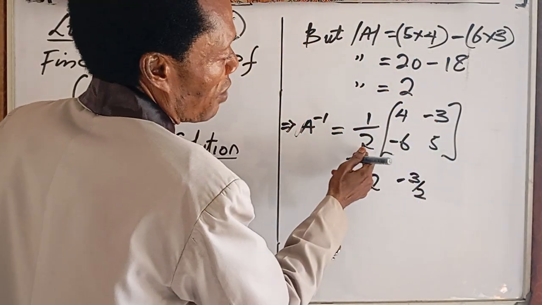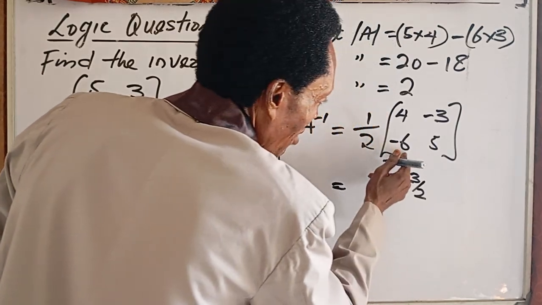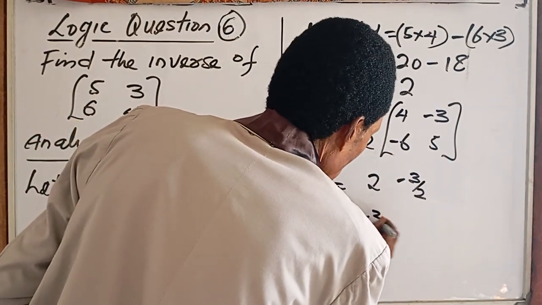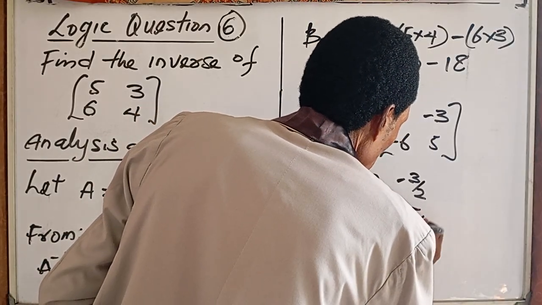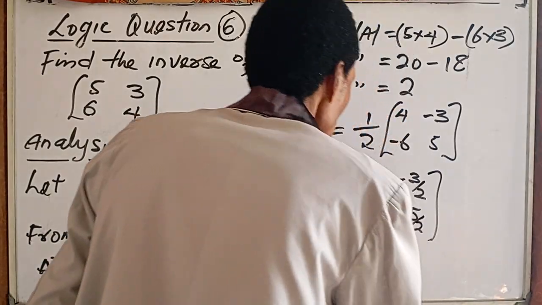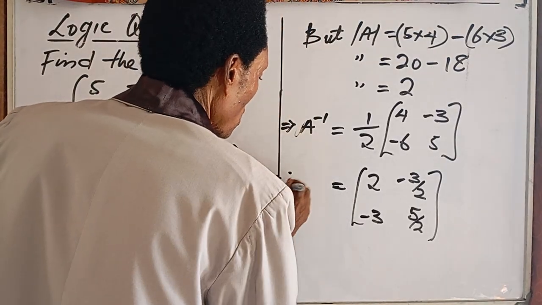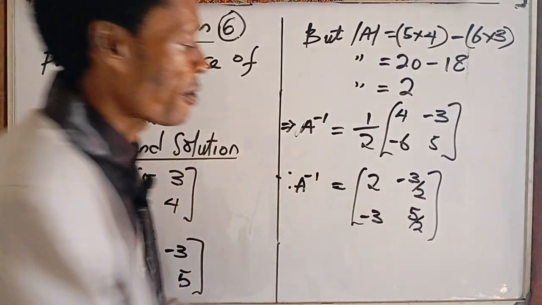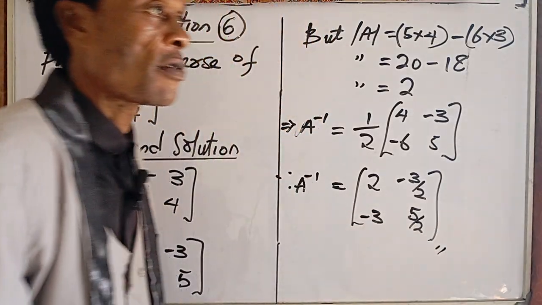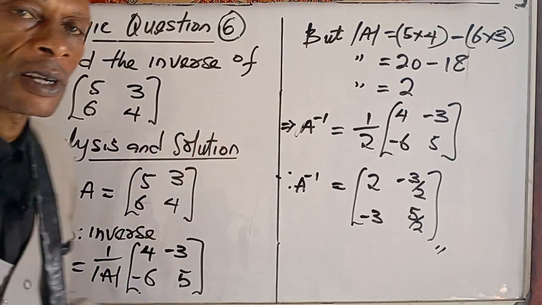Then minus 6 over 2 gives us minus 3. And here we have 5 over 2. So this is the inverse of our 2 by 2 matrix. Please, this is the answer to this question. It's no more than this.